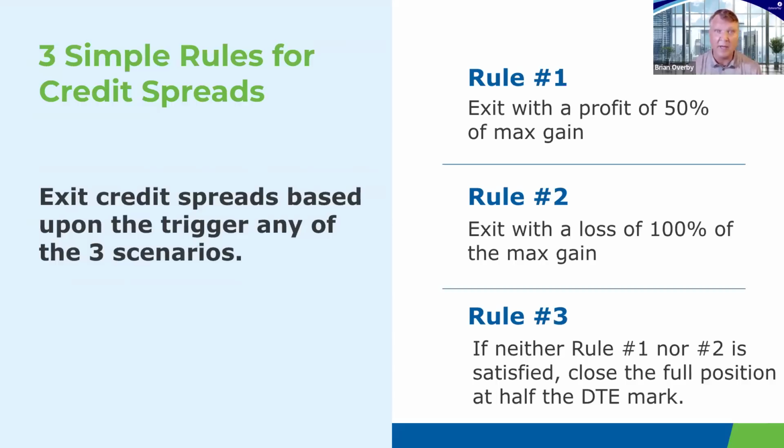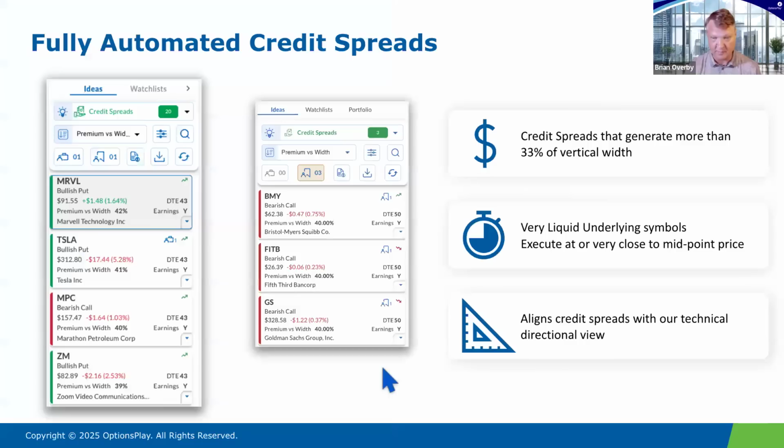Obviously, this rule doesn't apply on 0 DTE, right? You're just trading it in one day and either it's going to happen or it's not. And this is the standard rule for the setup that the OptionsPlay platform will look for and try to apply.